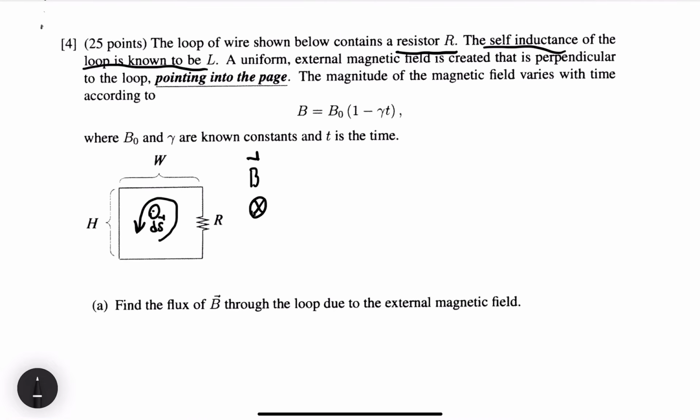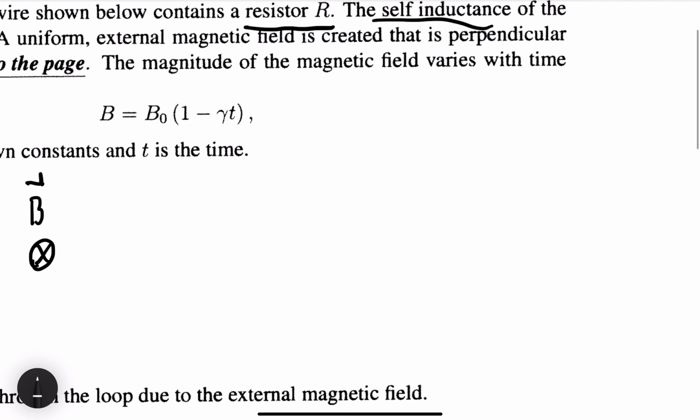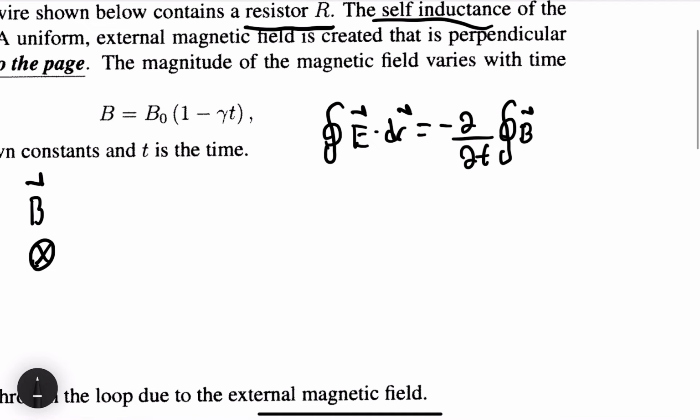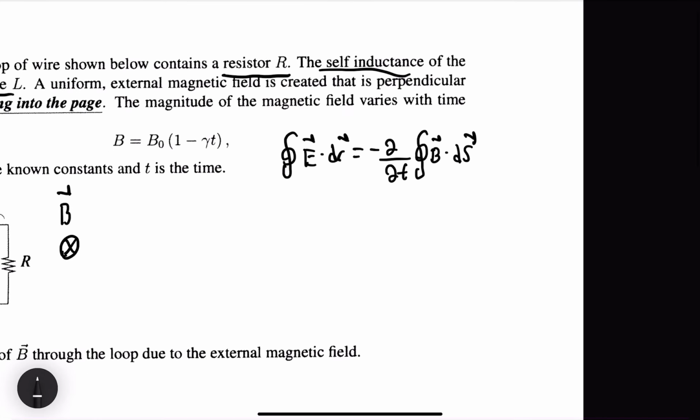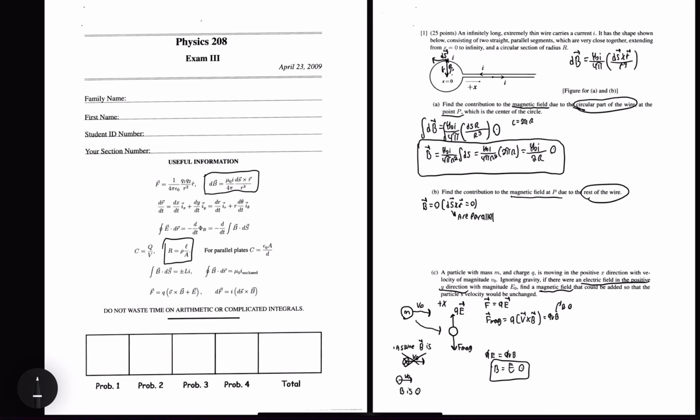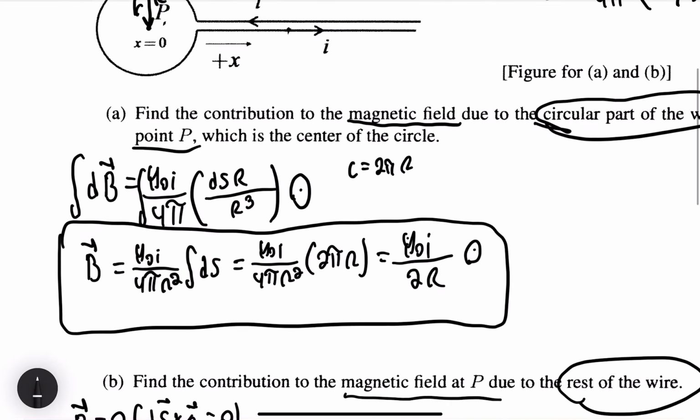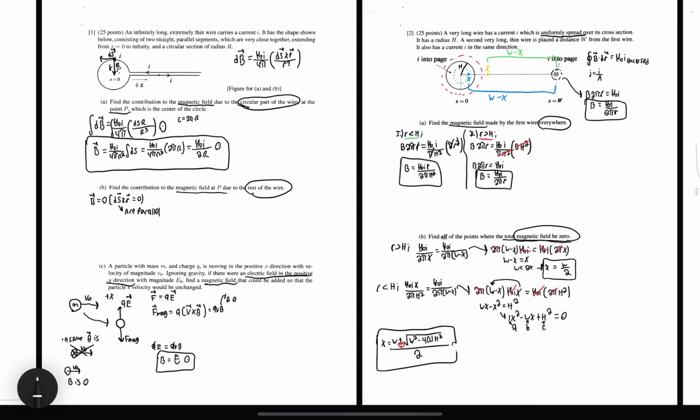So the equation I'm going to use for any circuit, again, it's a closed loop of E dot dr is equal to the negative partial with respect to time of the flux, which is B dot ds. Where this ds is the area, but the ds over here was the length.